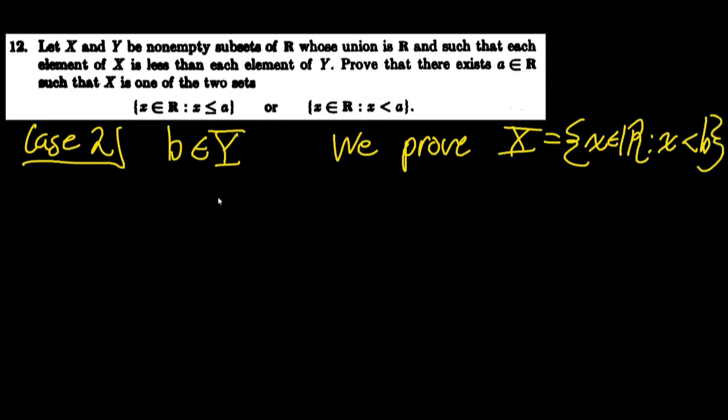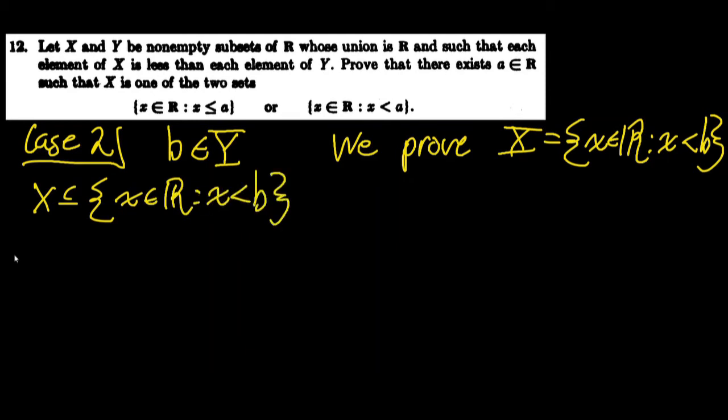So now, let's prove this. So first we're going to prove that X is a subset of all x in R such that x is strictly less than b.